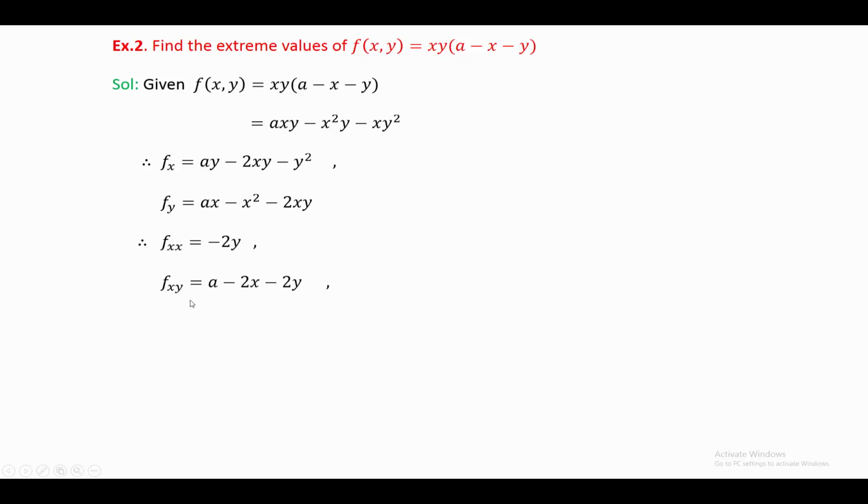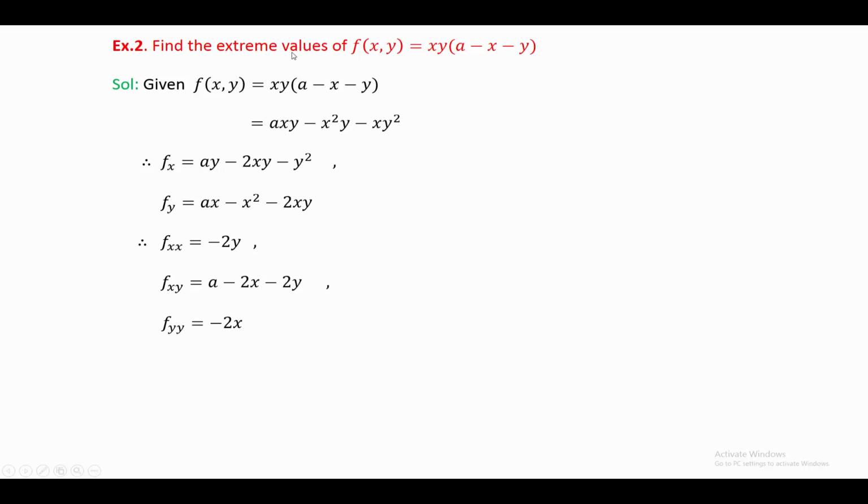Then f of xy, the partial derivative of fy with respect to x, is a minus 2x minus 2y. Then f double y, the partial derivative of fy with respect to y: derivative of ax is 0, derivative of x square is 0, and minus 2x remains.